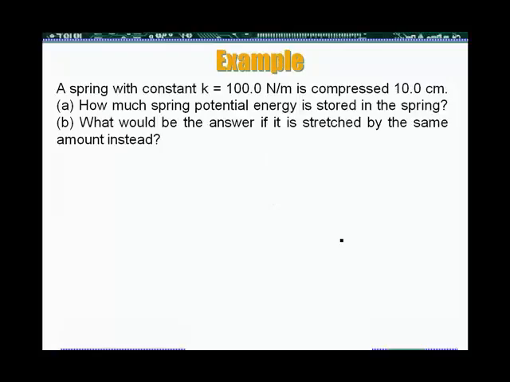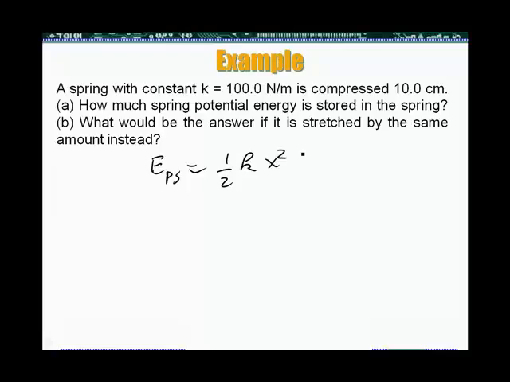We have a spring with a constant of 100 newtons per meter. It is compressed 10 centimeters. How much spring potential energy is stored in the spring? Okay, spring potential energy, EPS, is just 1/2 kx squared.